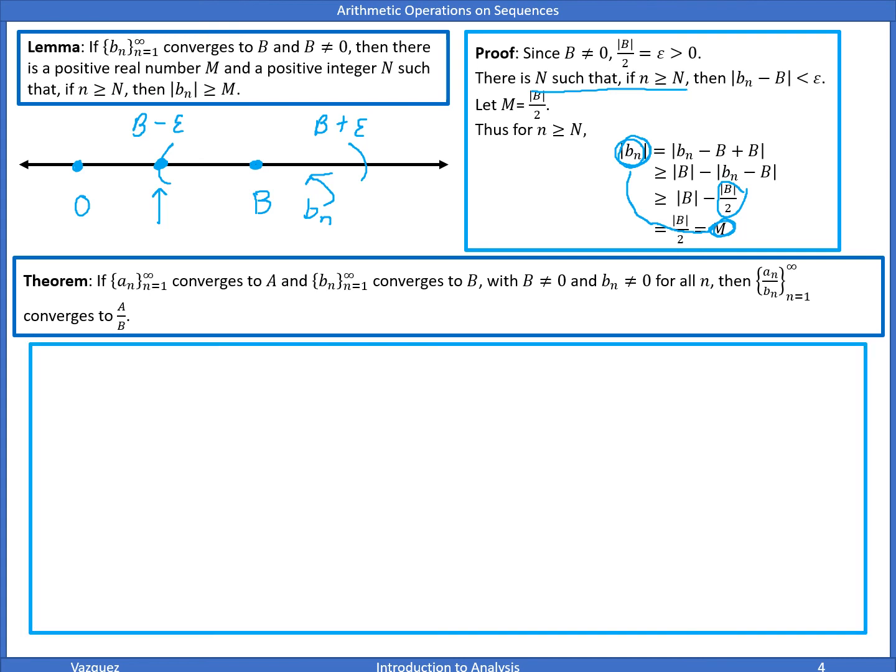So now we present the proof. Just like always, choose epsilon greater than 0. Now by our lemma up above, there's a positive real number m and a positive integer n1 such that bn is greater than m for all n greater than or equal to n1.